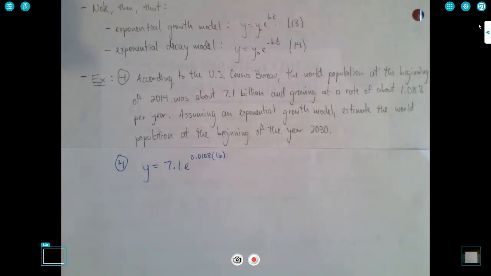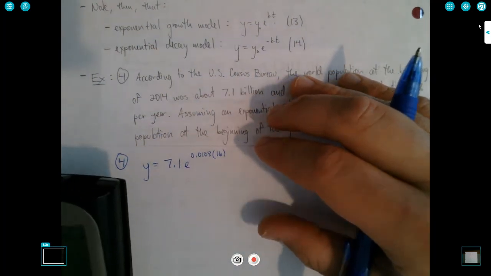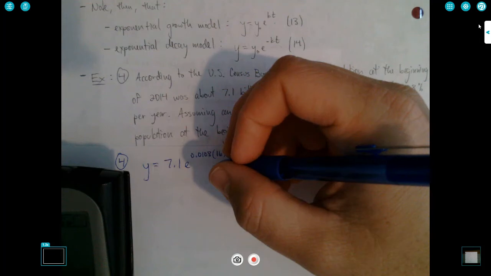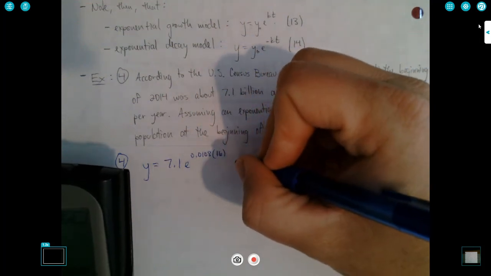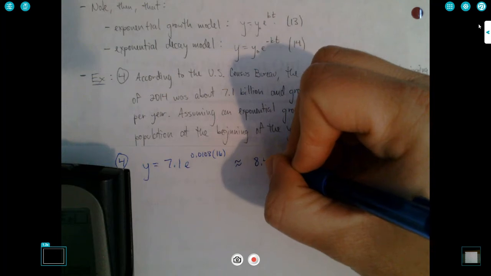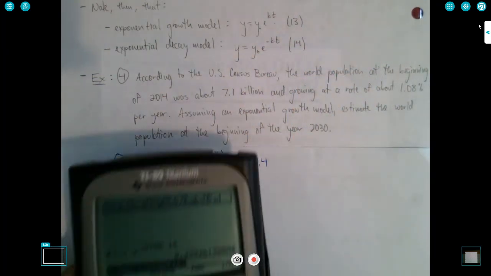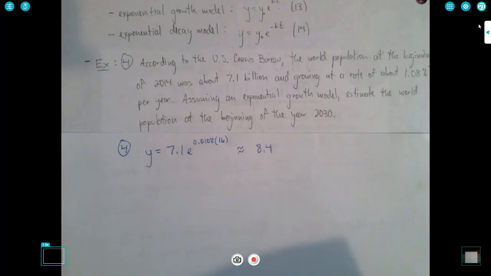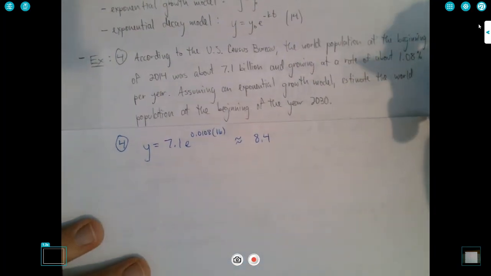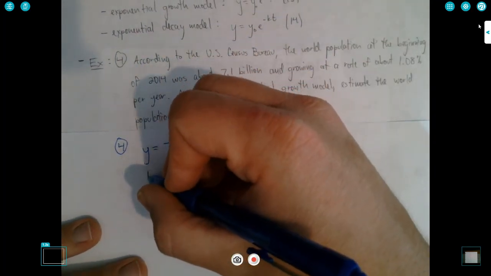And let's see. 7.1 times e to the 0.0108 times 16 is 8.4-ish. So this comes out to about 8.4. This is what my calculator is getting. So there will be about 8.4 billion people.